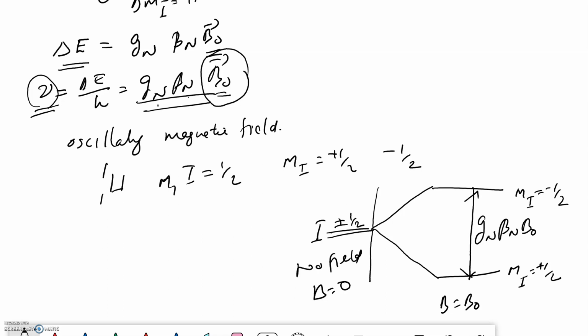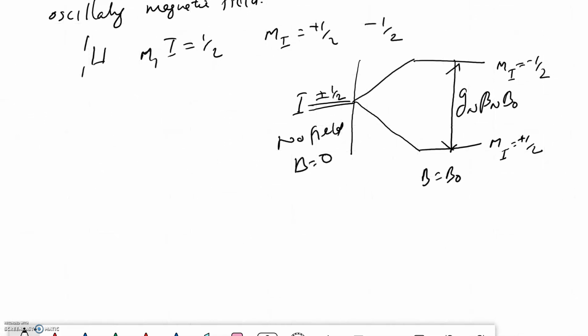At a particular field strength B0, the energy difference is a constant, but the energy actually depends on B0. We can draw this as energy versus magnetic field strength.